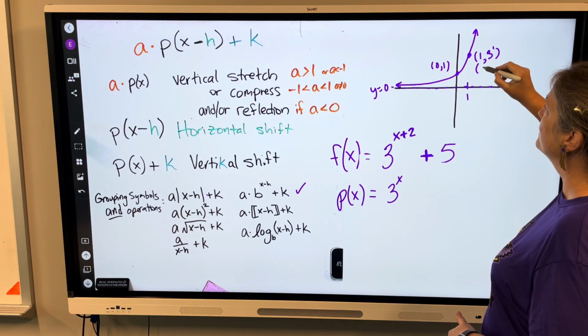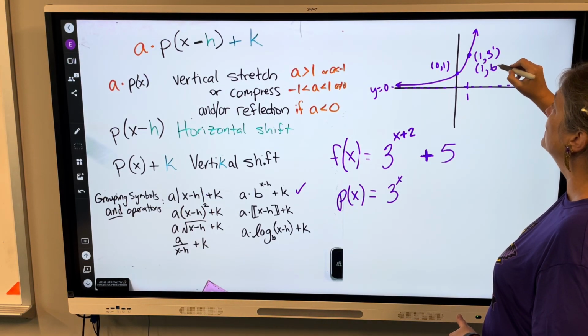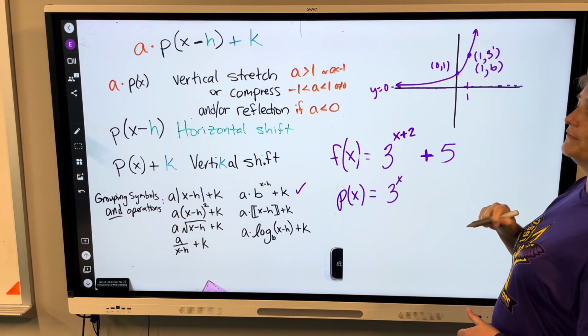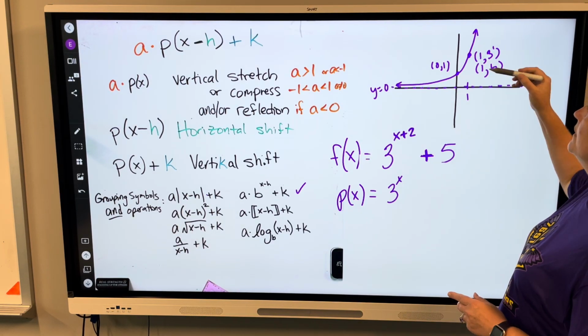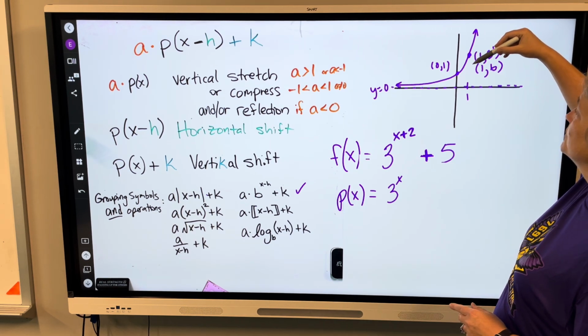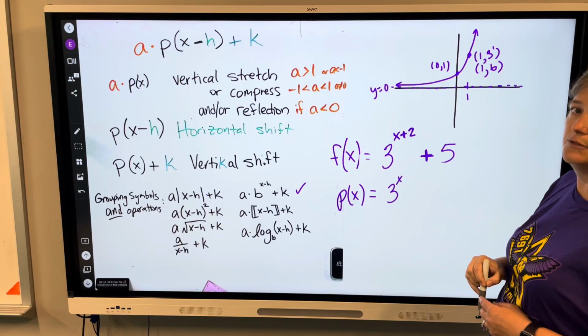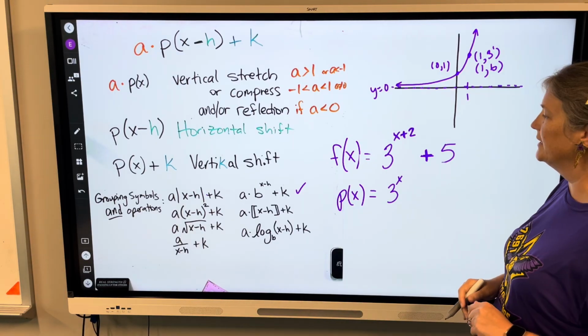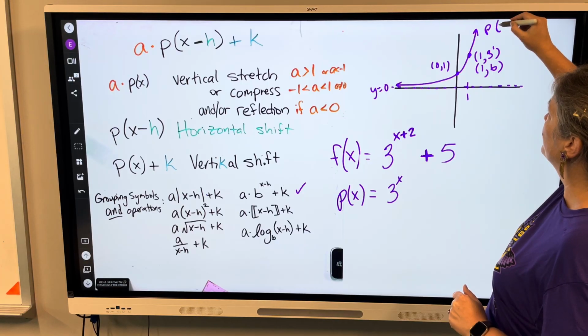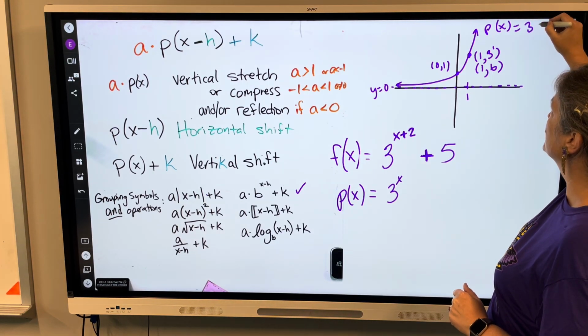The key point here is always 1, your base. So anytime you go to the right of this key point by 1, you can find out how high that is up off the asymptote, and that will tell you your base. So I'm getting ahead of myself. So this is the parent function, p of x, which is 3 to the x.